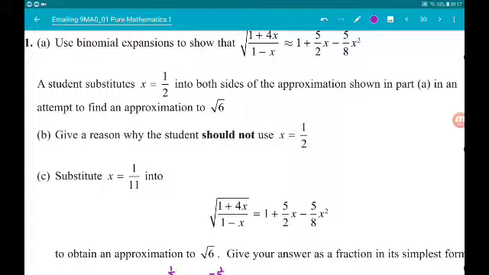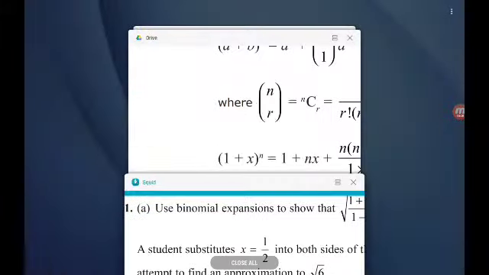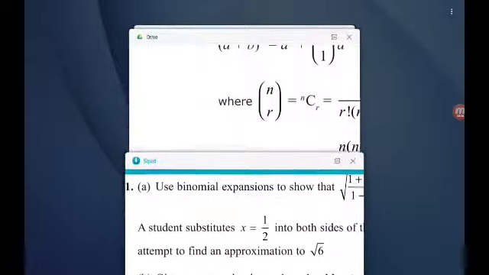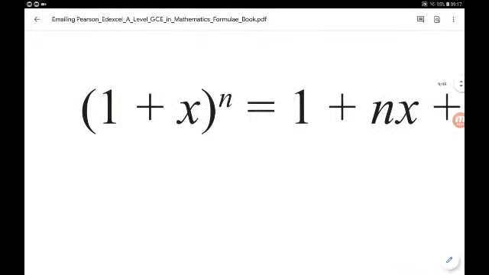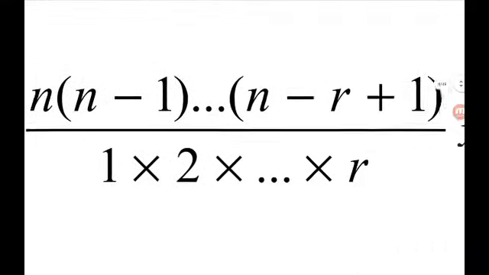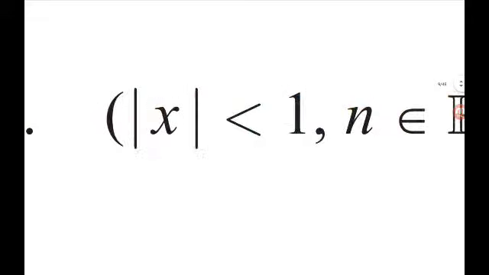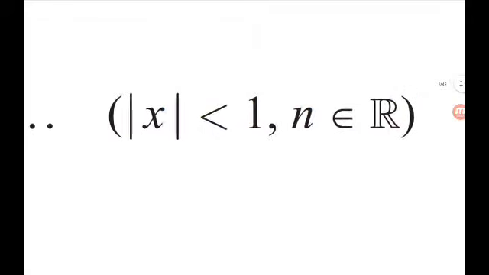Okay, so in the formula book we are told that for the expansion of 1 add x to the n, it's only valid for values of x such that the modulus of x is less than 1.